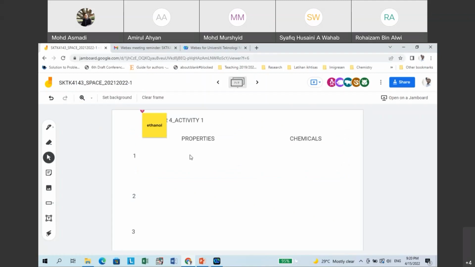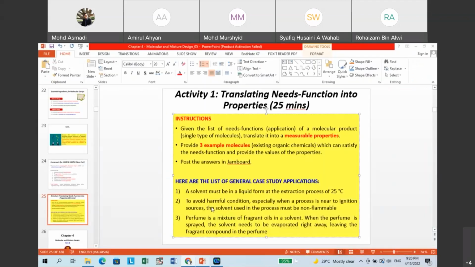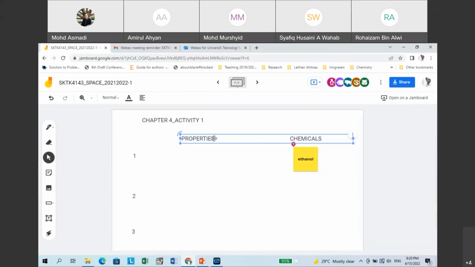Cuba letak ethanol. What is the properties? Measurable properties. Ethanol. What are the chemicals?